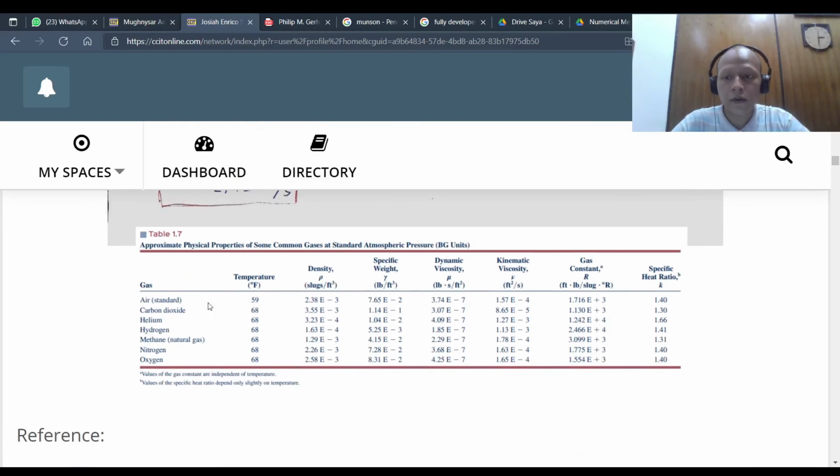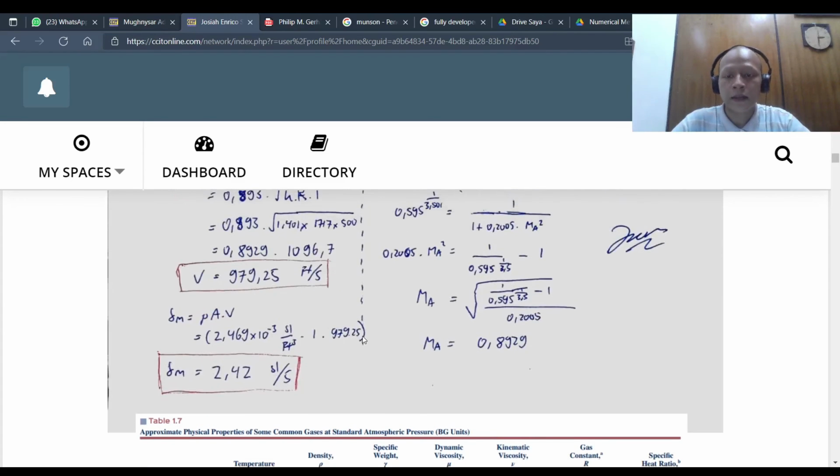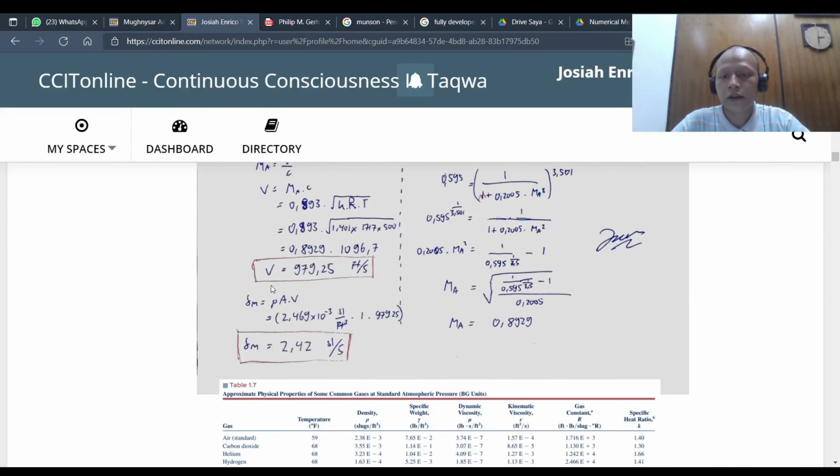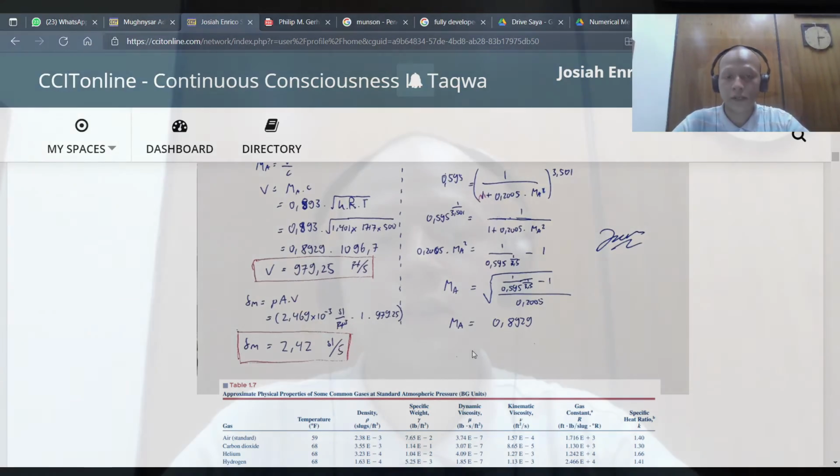For air standard, we get gas constant equals 1.716 times 10 to the power of 3. And we're gonna put down all those parameters. Finally, we find out the velocity is 979 feet per second. We use this number to find out the air mass flow rate, which is equal to 2.42 slug per second.